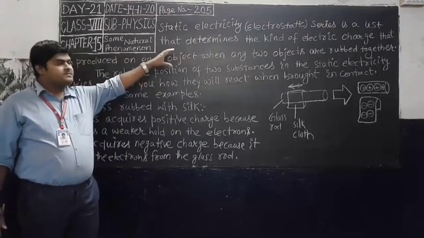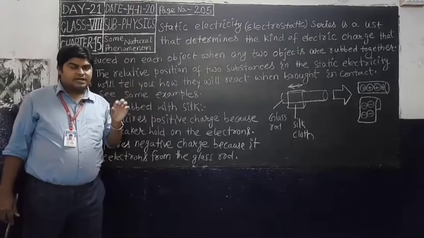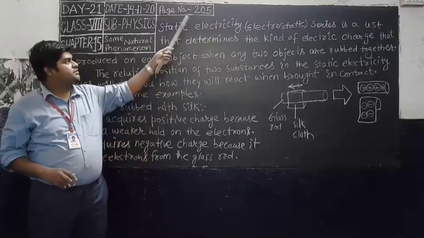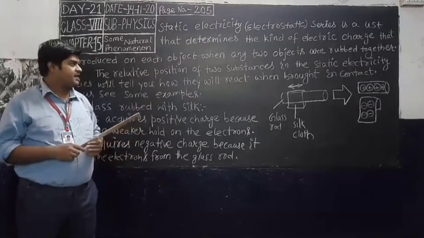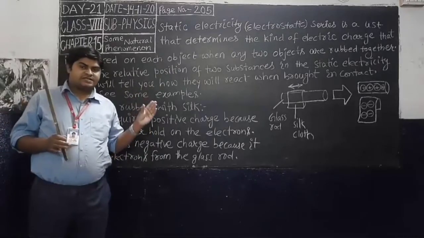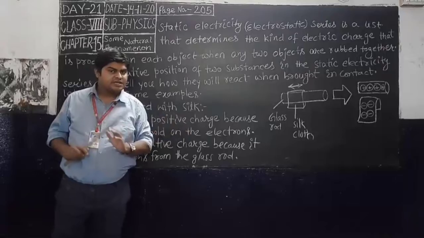You will see the figure in the column just above on page number 205. Some objects there are positively charged and some negatively charged when rubbed with each other.